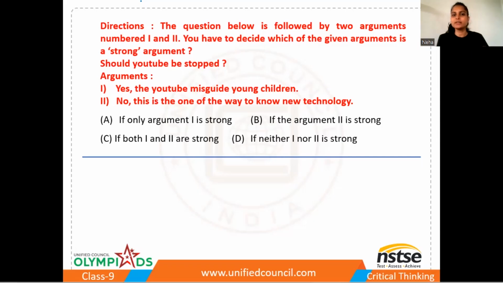You have to decide which of the given arguments is a strong argument. Should YouTube be stopped? This is my statement, and for this we have two different arguments, and you have to tell me which argument is strong or which is only an argument. All right, perfect.